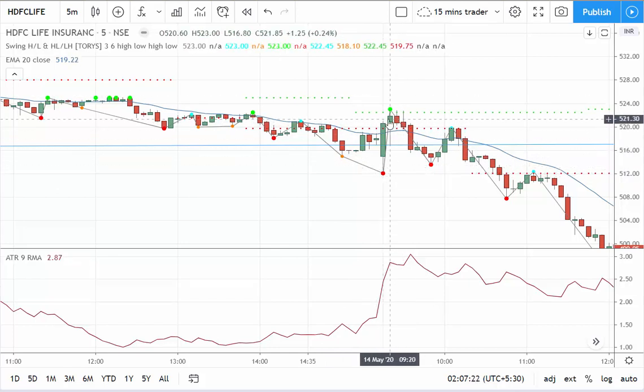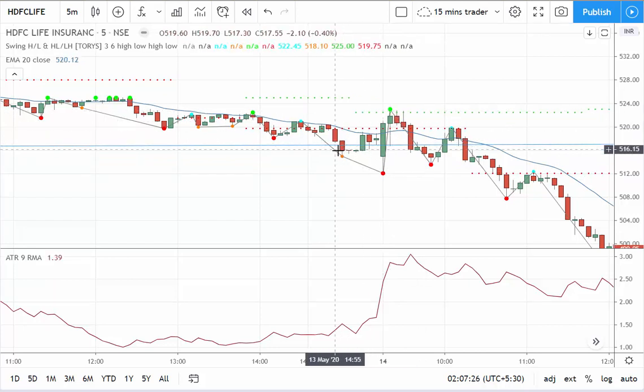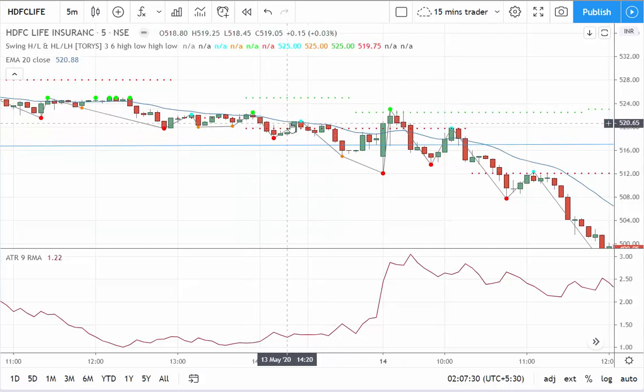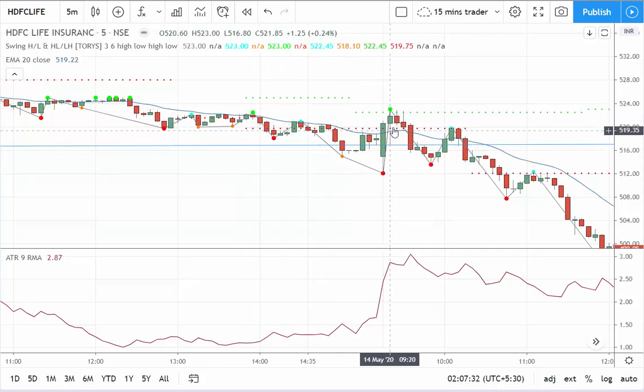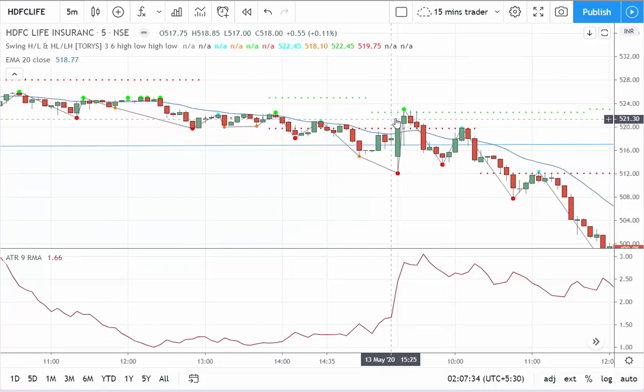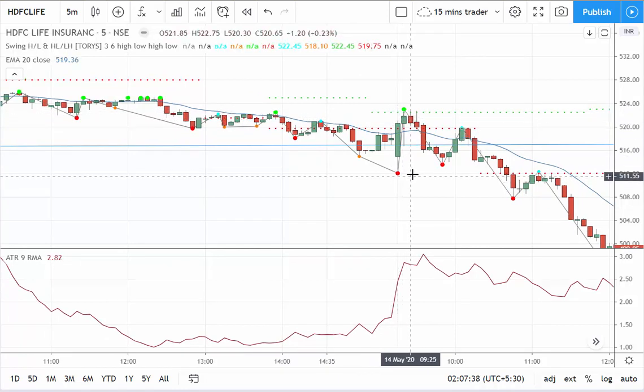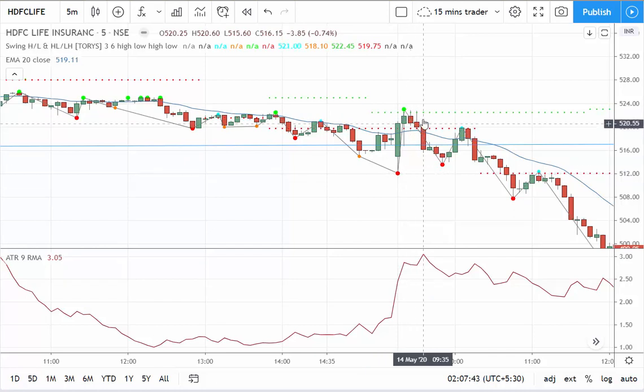It made a consolidated move up. You can see this up move breaking through both these highs. So in the 5 minute chart it becomes bullish on swing trade. What we need to do is sell below these lows at 512 with a stop loss of 522.